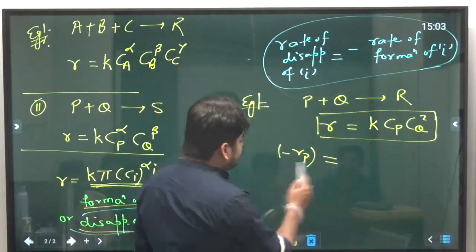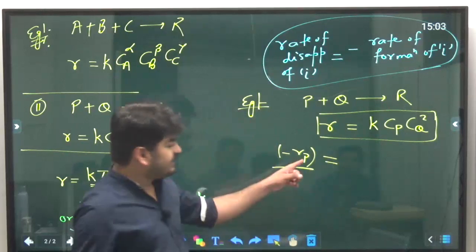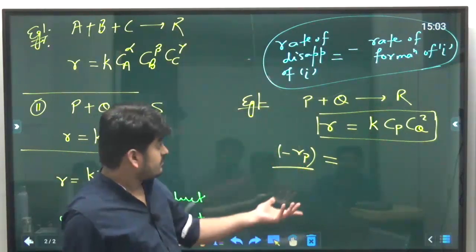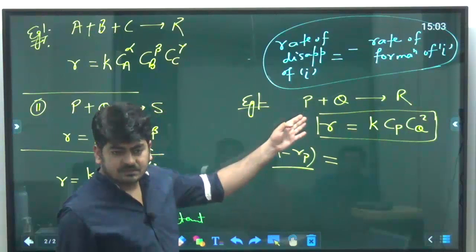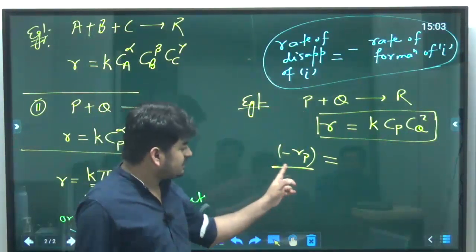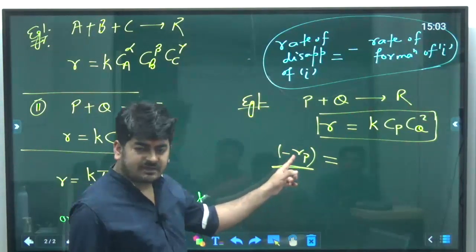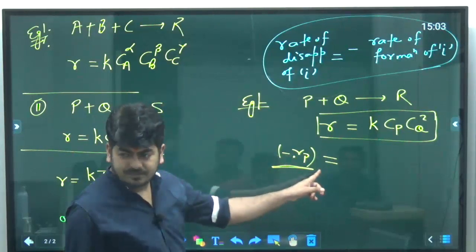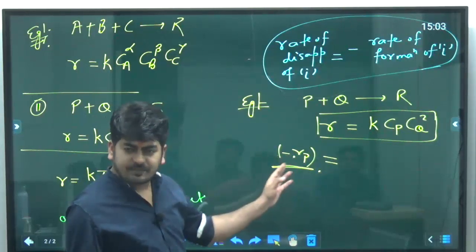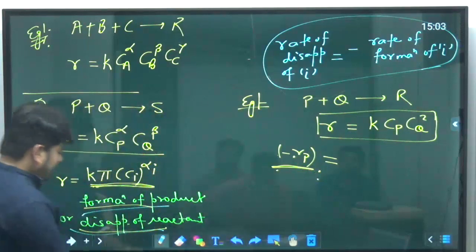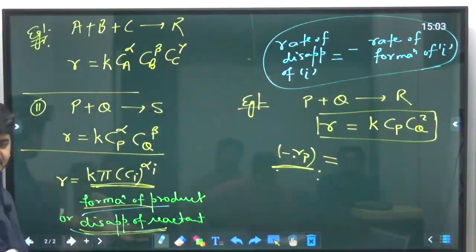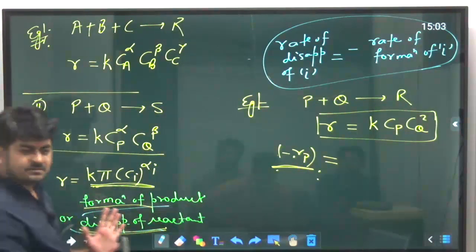I am talking about P. What is P? Reactant. And I am talking about the rate of reaction in terms of disappearance of P. And on the right hand side as well, this is disappearance. Both are in the same direction.